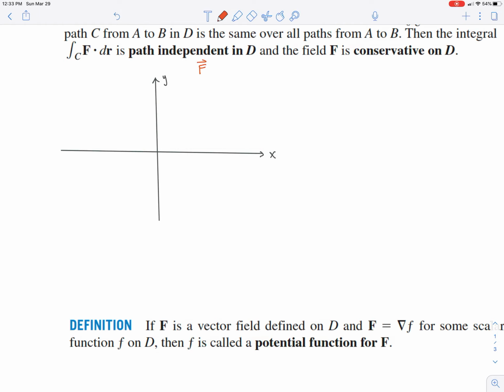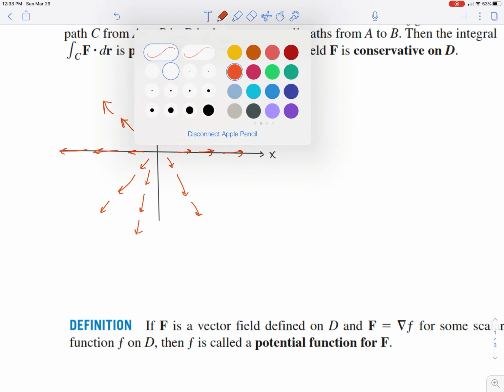Maybe it's this one we've seen quite a bit, where the vectors are all pointing straight out from the origin. We've seen this one a couple times. So this is the vector field we're integrating through. I'm just doing this as an example.